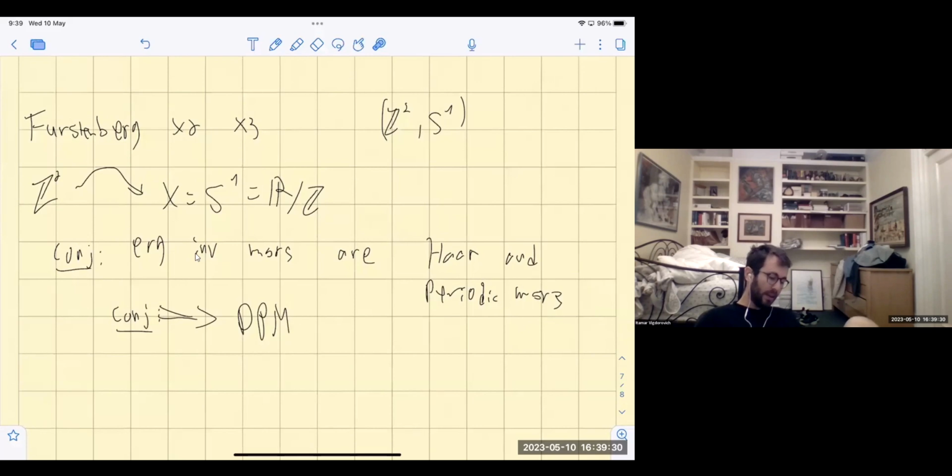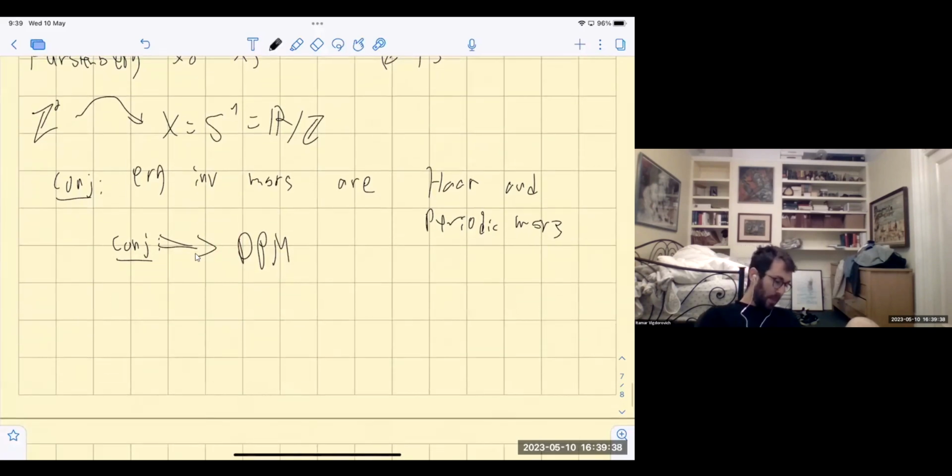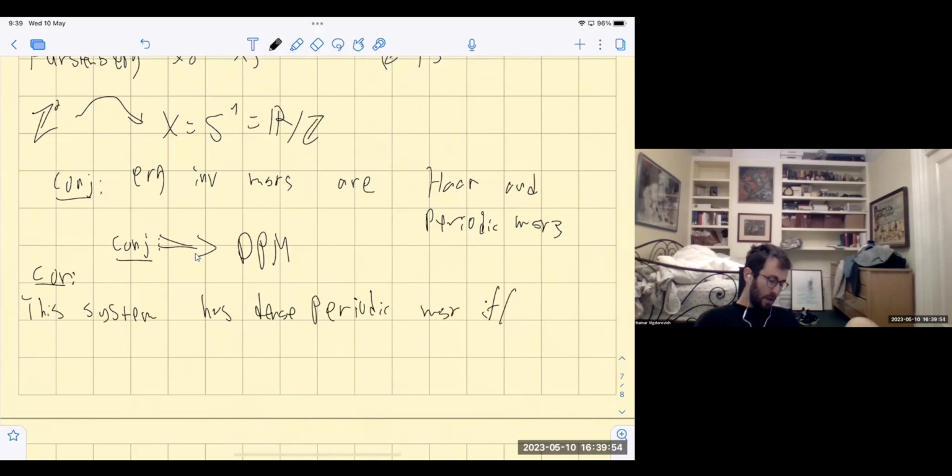But a question that I find interesting is to at least ask if this weaker property of having dense periodic measures holds. So this system, another corollary of what I said before, has dense periodic measures if and only if the group Z^2 semi-direct product Z[1/6], where the action is again by multiplication by 2 and multiplication by 3, is stable.